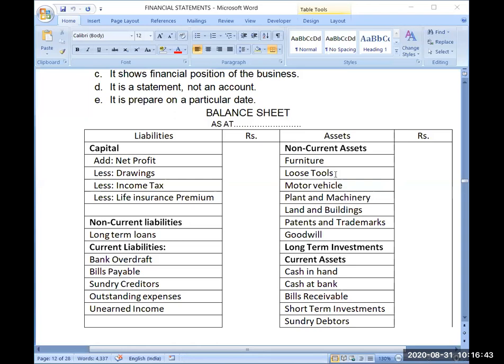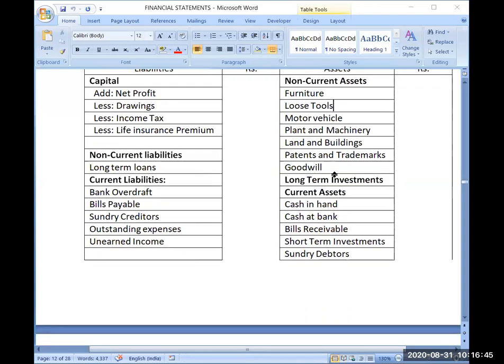Okay, now coming to the long-term investments. So one category of long-term asset is non-current assets. And sometimes what happens, we generally have some idle money in our business that we will not be requiring for the long run. Like for the next 2-3 years, I don't require that money, but it is with me. So what I will be doing, I will be parking that money in some long-term investment.